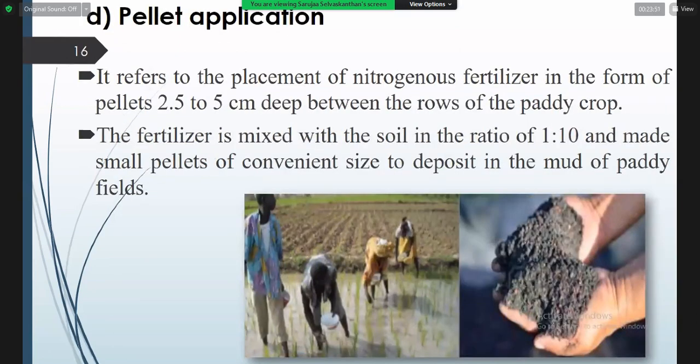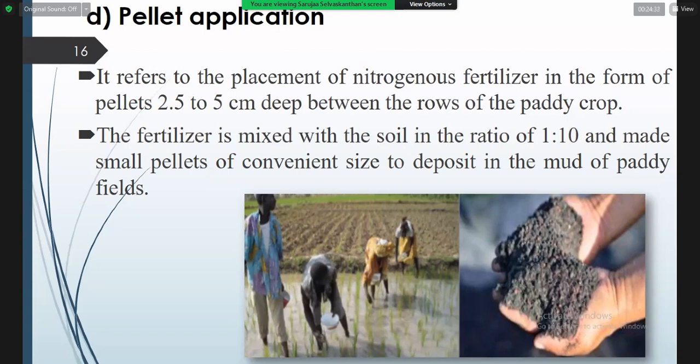Then the final one, pellet application. It refers to the placement of nitrogenous fertilizer in the form of pellets. It is applied 2.5 to 5 centimeters deep between the rows of the paddy crop. The fertilizer is mixed with soil in the ratio 1:10.